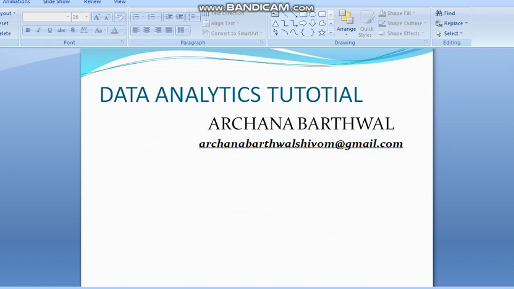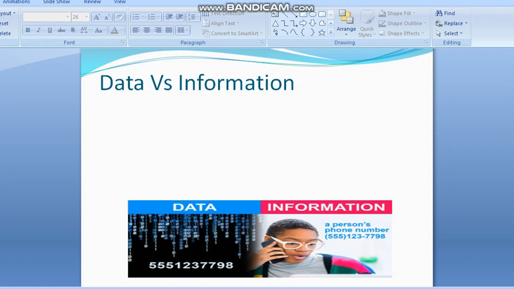Before going to this tutorial, we have to discuss some basic concepts like what is data and what is information, data versus information. So data, I think everyone knows what data is. Data can be a number, any facts, any quantities, measurement, any observation.